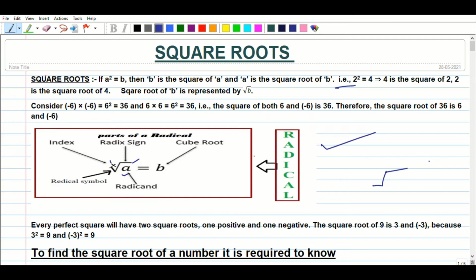The symbol for square root actually has index 2, and under this we write the number, but for convenience we omit 2 and write simply this one, right?